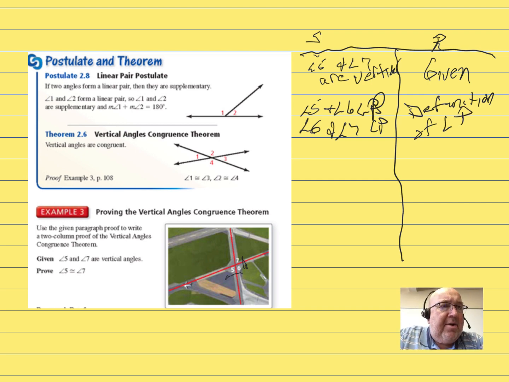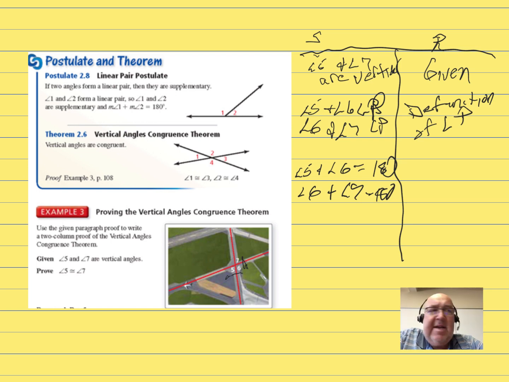So now we can go that angle 5 plus angle 6 is equal to 180 degrees. And we can go angle 6 plus angle 7 is equal to 180 degrees. And that is the linear pair postulate.